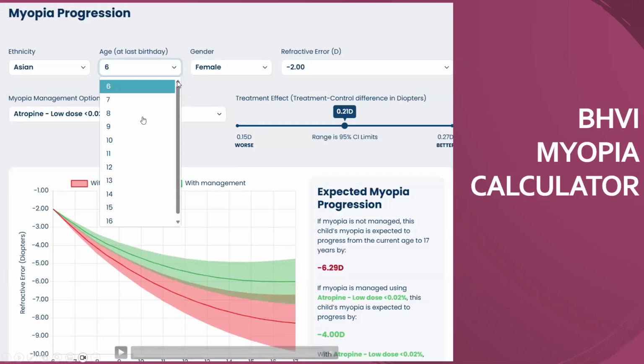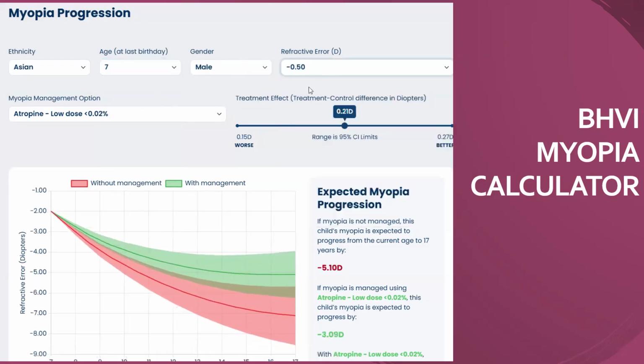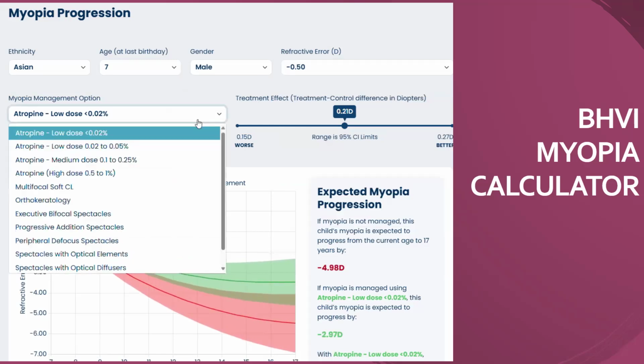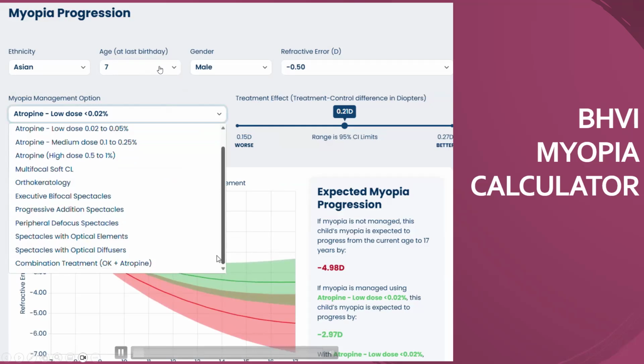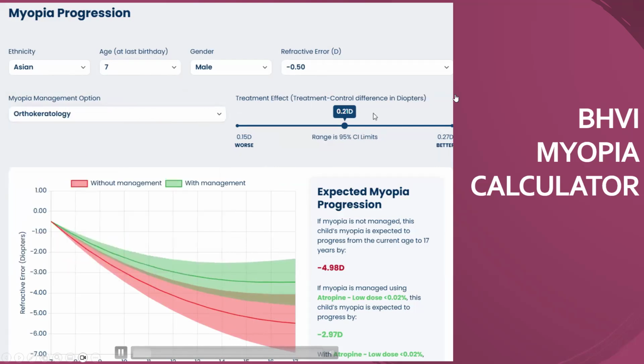And this is the video I was talking about. This is a very simple thing, which is a good thing, but it is going only for 2-3 things: age, gender and refractive error, and Asian ethnicity. They don't have many options here.